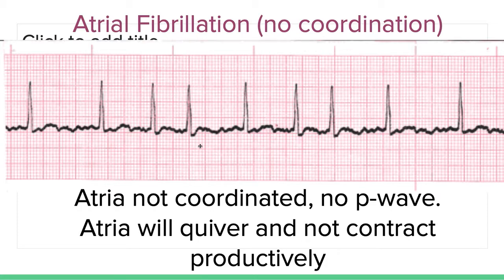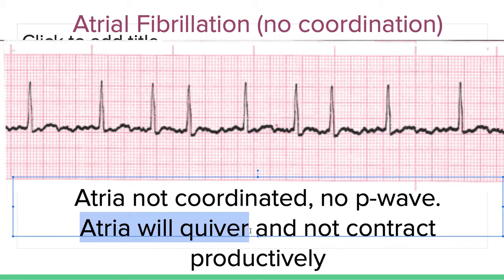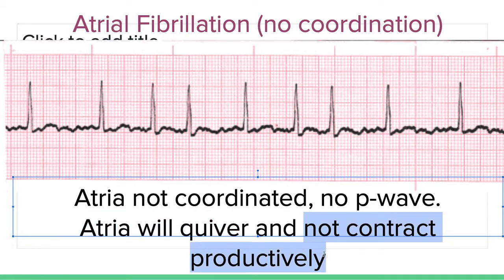So if they get excited by a bunch of different cells at different times, the atria will actually just quiver in place and they won't contract productively, which means that they won't pump blood. Effectively, your atria are ineffective. They might as well be dead to you because they're not pumping blood effectively.